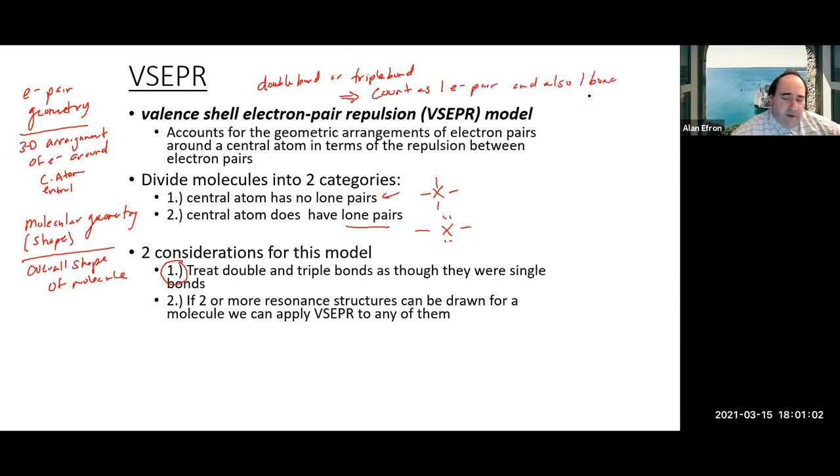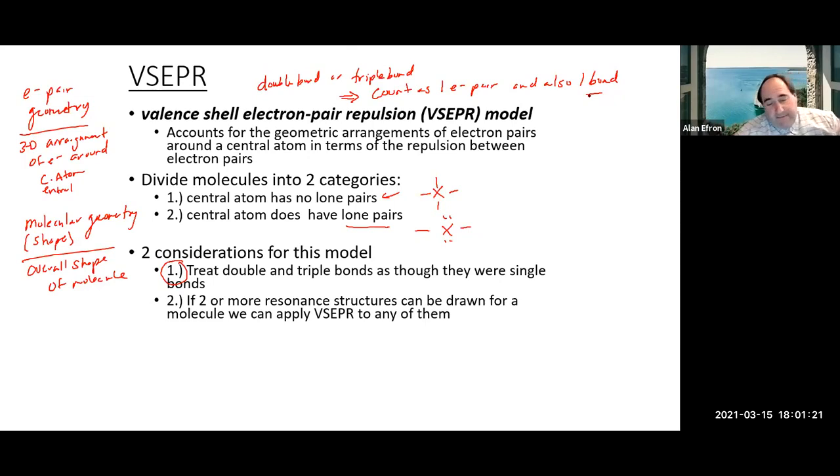So if you draw a double or triple bond in your Lewis structure, it counts as only one electron pair and one bond. Again, we only do this with geometry, and that's a very, very important rule.